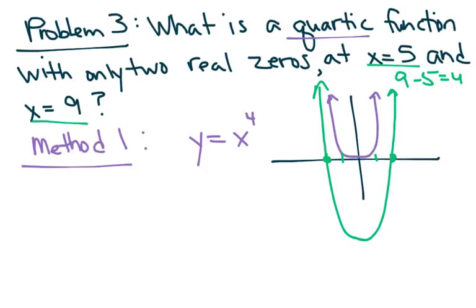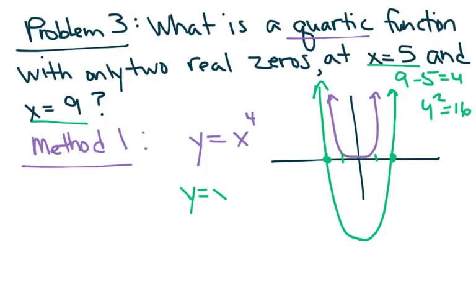So since there are 4 units between them, my zeros right now are at 2 and negative 2. The reason they're at 2 and negative 2 is because all I did was I took my graph and I knew that there had to be 4 spaces between the zeros. So in order to make that happen, you have to take the graph and move it down. And then it will hit the x-axis at these 2 locations. The basic translation, you're going to take that 4 and you're going to square it.